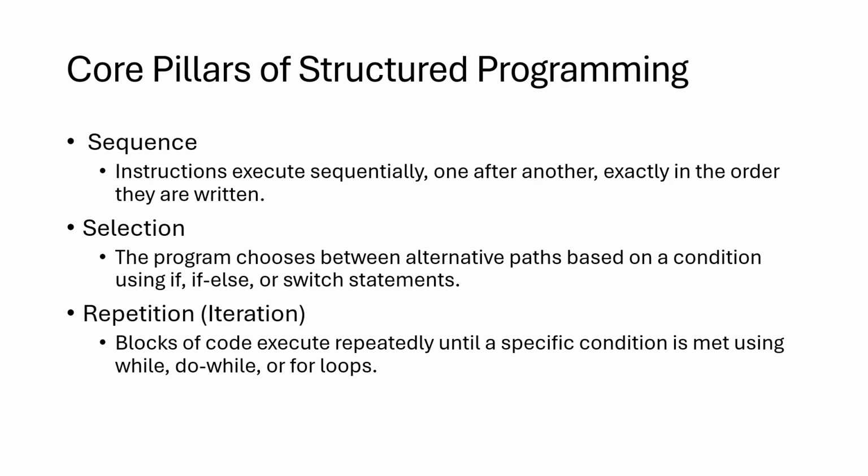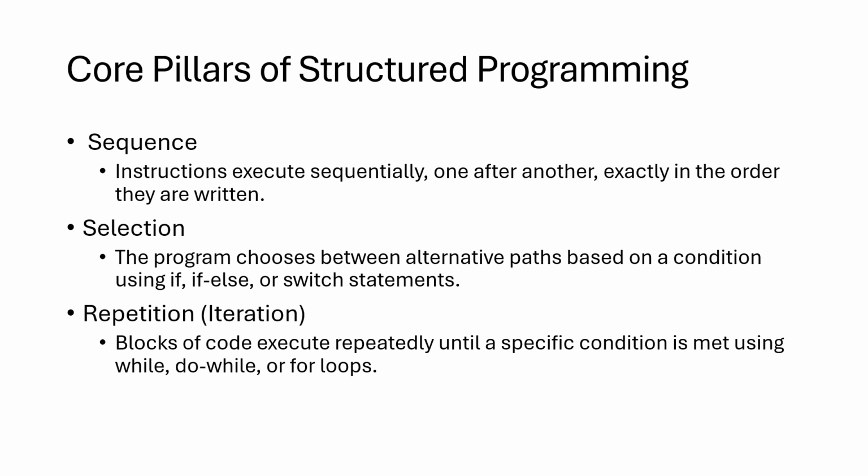Here are the core pillars of structured programming. As the Böhm-Jacopini theorem states, for any programming language, we adopt these three major pillars. The first is sequence. Sequence is instructions executed sequentially one after the other, exactly in the order they are written.